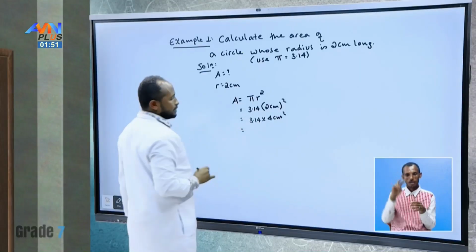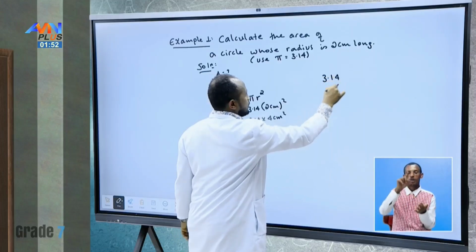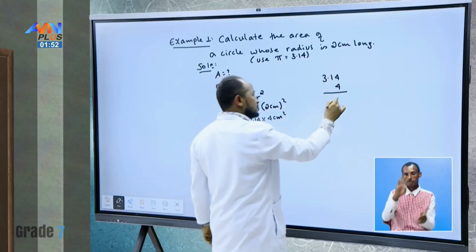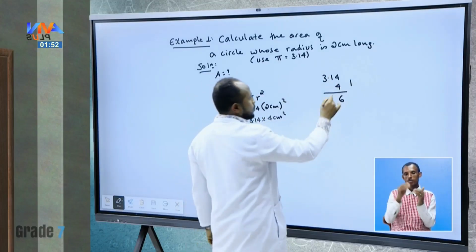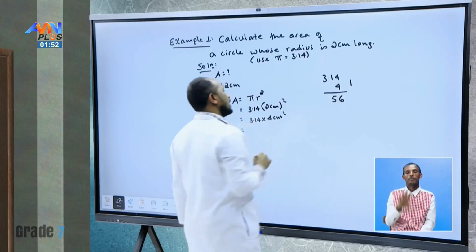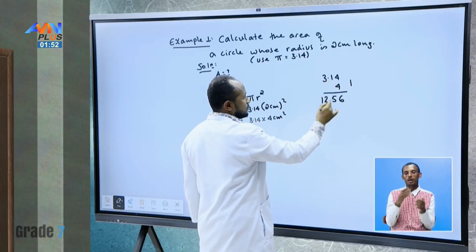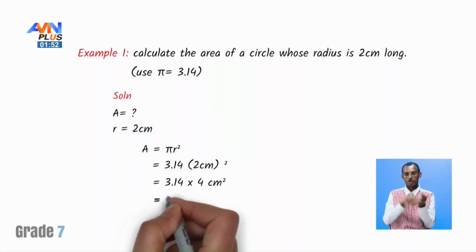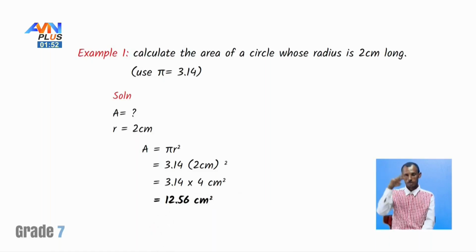So let's multiply 3.14 by 4. 4 times 4 is 16. 4 times 1 is 4, plus 1 is 5. 4 times 3 is 12. Therefore, after the decimal we have 2 places. You have 12.56 centimeters squared, which will be the area of this circle.